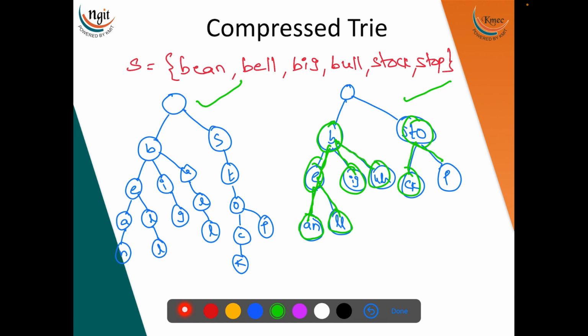The meaning does not change, but the height of the tree is reduced, so the searching operation will take less time. Now we'll see the memory representation of the compressed trie. Whatever strings we have will be given with index numbers.